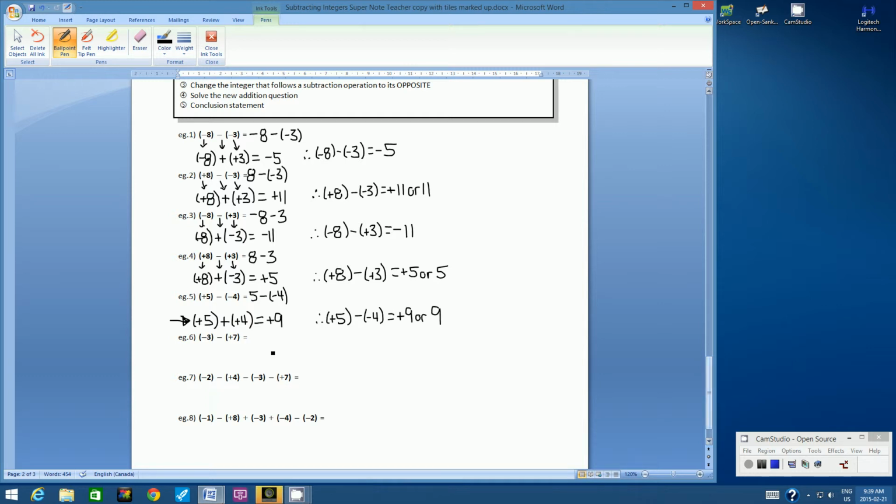Okay, last 3. Let's rewrite this in standard form. Okay, see if you can rewrite this statement as an addition statement. I'll give you a head start.